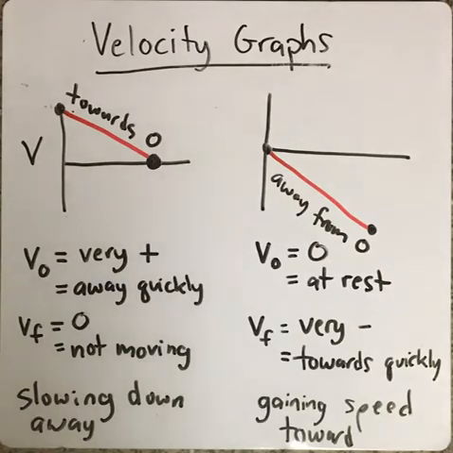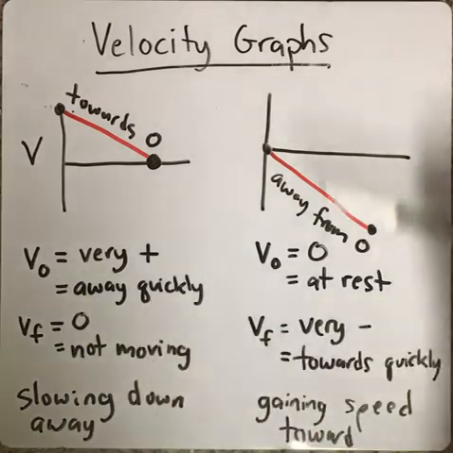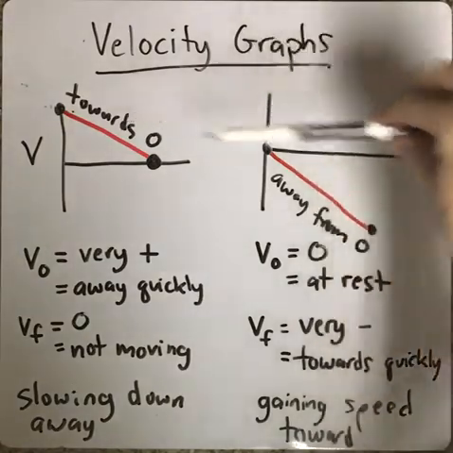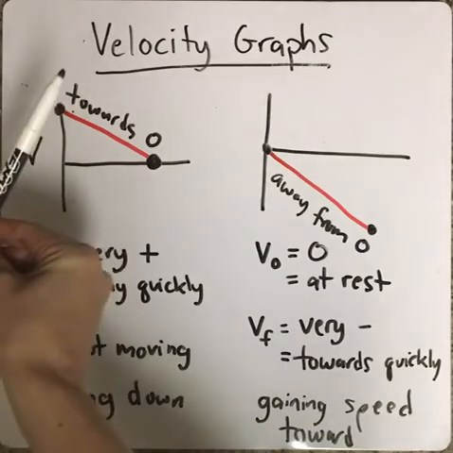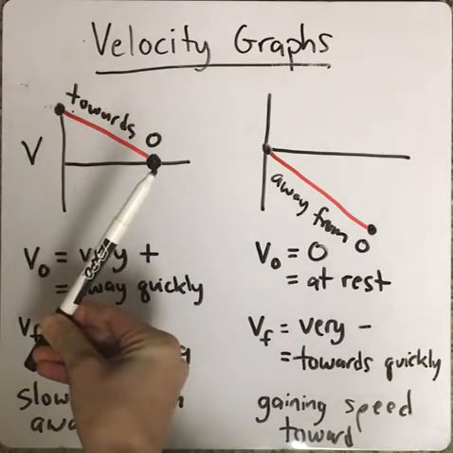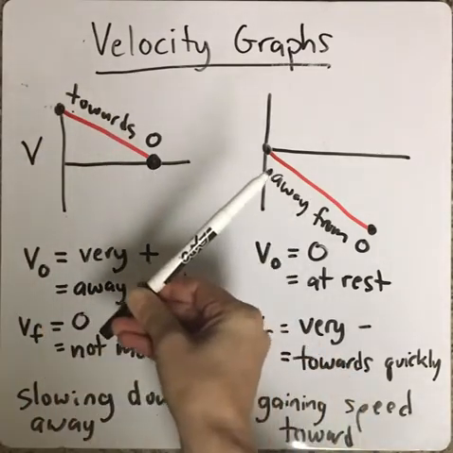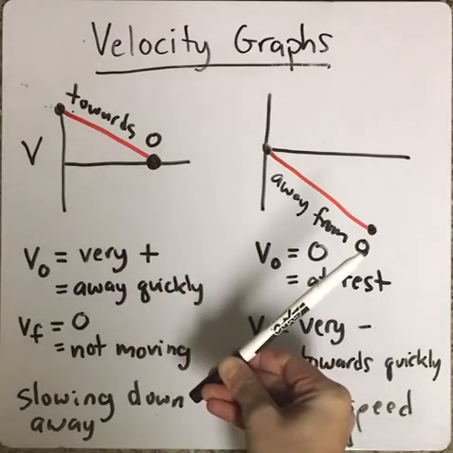So if you have a slanted velocity graph, what you need to look at is: is it in the top quadrant or the bottom quadrant? And does it slant towards the center zero, or is it slanting away from the center zero?